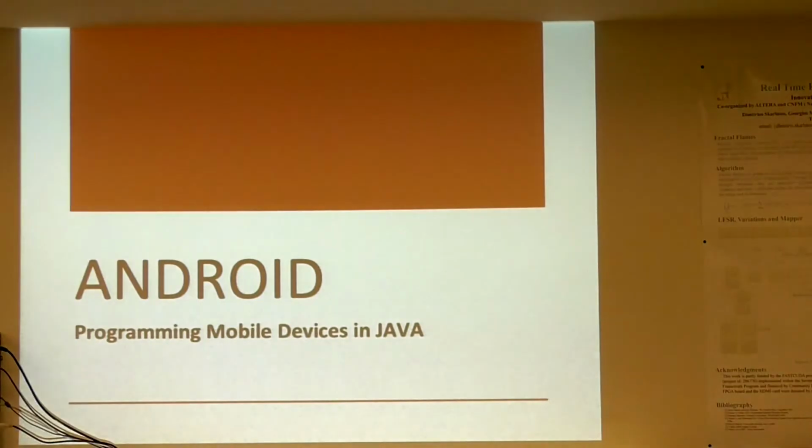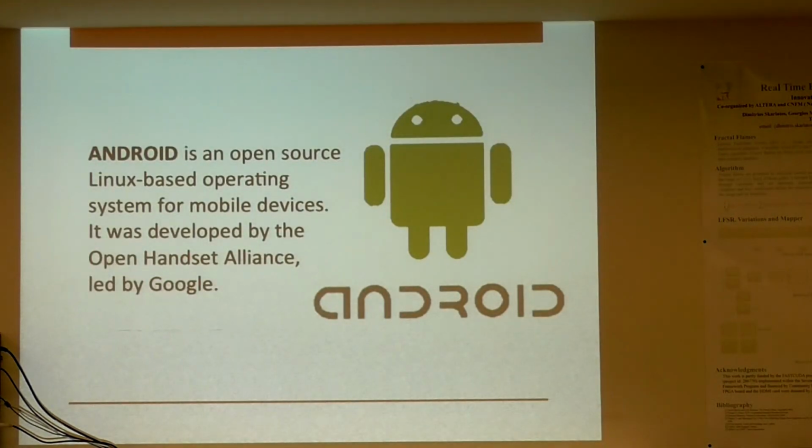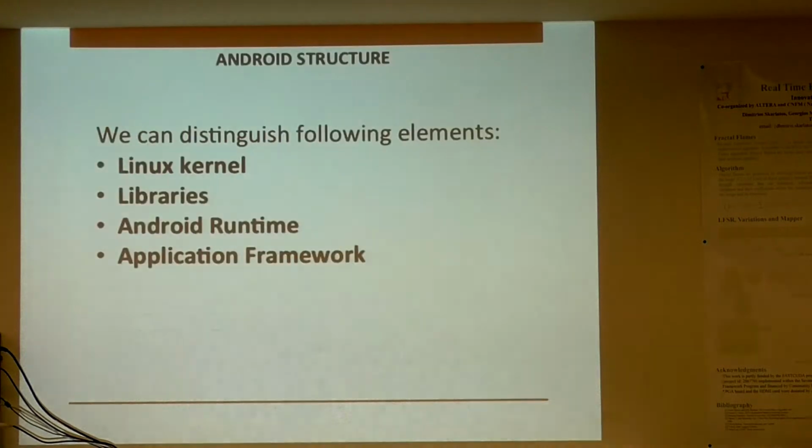Okay, it will be just short information about Android. You know that it's open source, and the core of Android, the base of it, is Linux. After this layer comes the Java virtual machine, so all applications can both use elements of Linux and, of course, especially for graphics, the Java virtual machine.